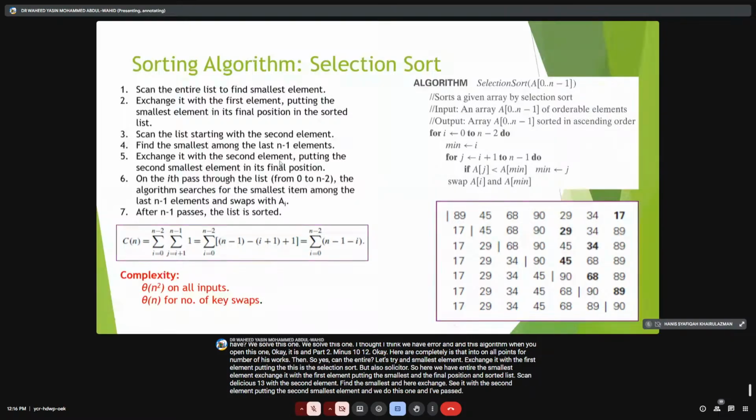On the ith pass through the list, from 0 to n minus 2, the algorithm searches for the smallest item among the last n minus i elements and swaps it with A[i]. After n minus 1 passes, the list is sorted. We have this example that we did last week.